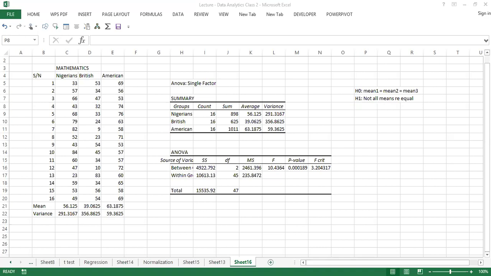So at least some are different. So if you just, without the ANOVA test, look at the sample means, all the means are different. They are not the same. So it's the alternative hypothesis, yeah? That is correct. But you cannot judge by what you are seeing here. You judge by this result.